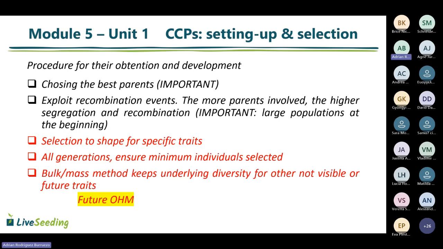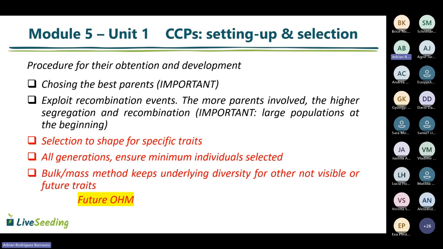For that reason, in all generations, ensure you select and multiply a minimum number of individuals. Don't be too strict, because you may lose a lot of recombinant effects and future useful genes that do not respond to the traits you are interested in at first, but probably in the future.